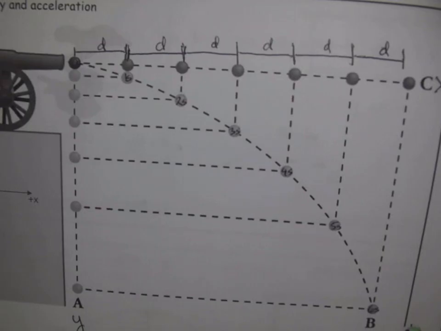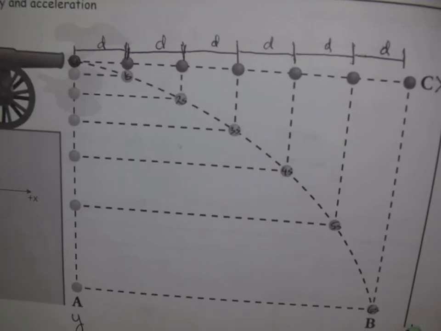So if I were to draw velocity vectors, not acceleration vectors, not force vectors, velocity vectors. What would those look like in the x direction?